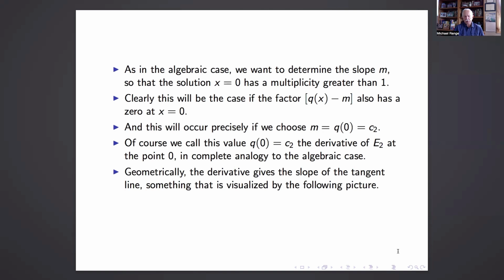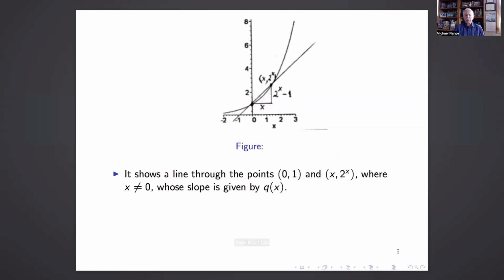Geometrically, the derivative gives the slope of the tangent line, something that is visualized by the following picture. As we see, here is the point 0, 1, and here's another point on the graph, and we draw the line through these 2 points. The slope of this line is the vertical rise 2 to the x minus 1 divided by x, so it is q of x.